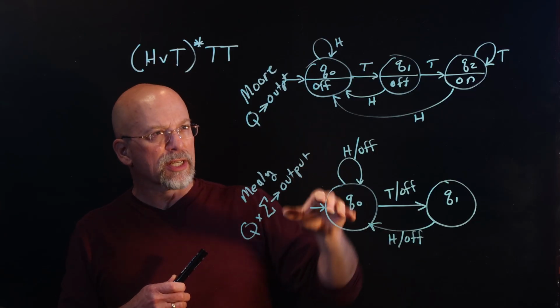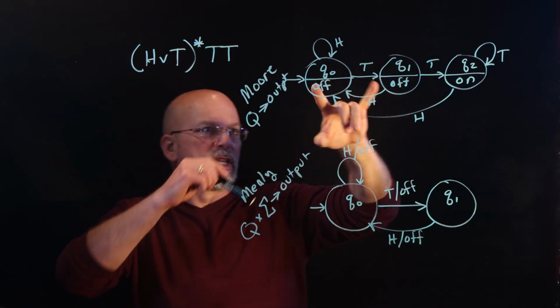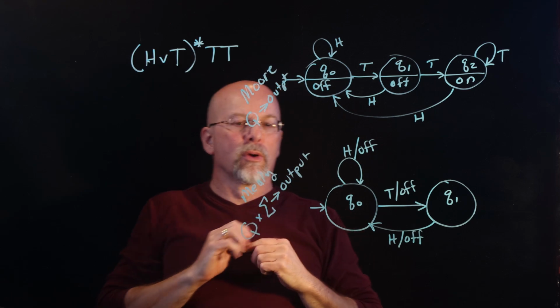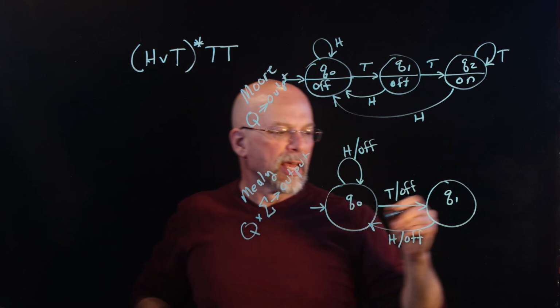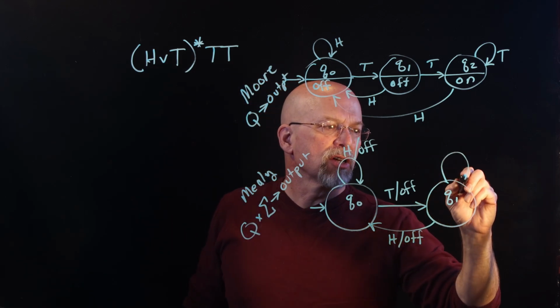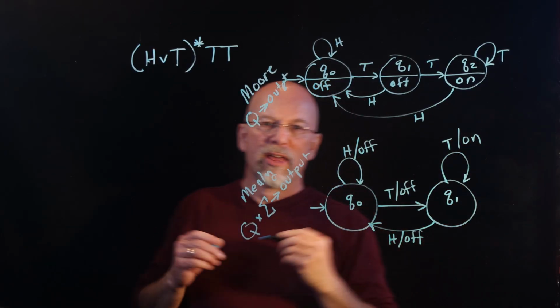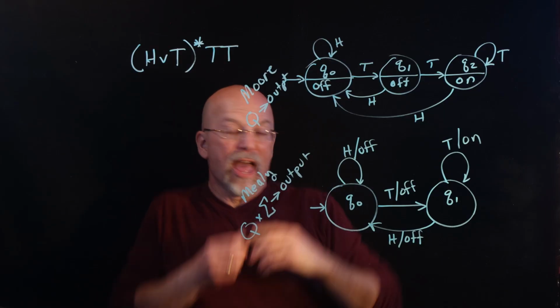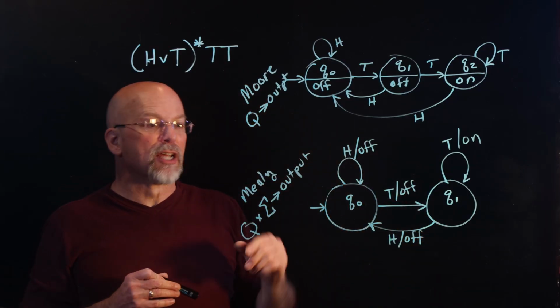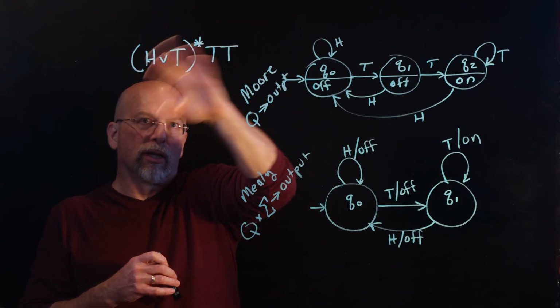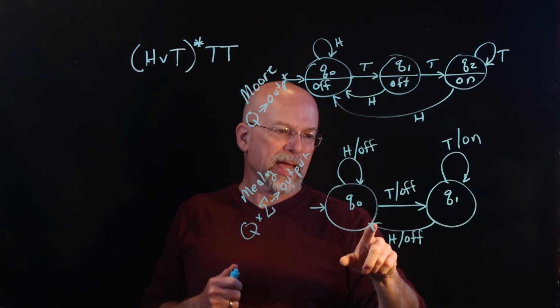But here's where it differs from the Moore machine. Notice that that's really exactly the same as what we have up here with the Moore machine. But the Mealy machine says if the toss we get out of Q1 is a tails, we're going to turn the light bulb on. And that's our fully defined Mealy state machine for looking for the last two tosses to be tails.